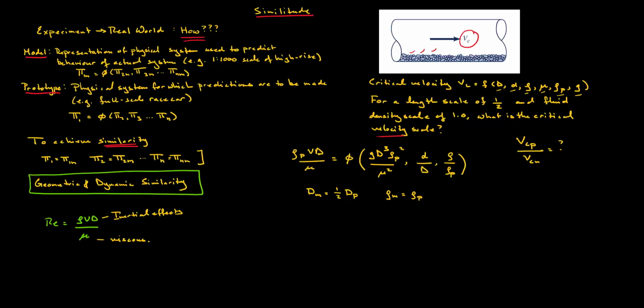And again, this is a bit confusing because we have the density here of the particle and the density of the prototype, both of which have subscripts p. So what we're going to do here is I'm going to add this subscript here. So that's rho particle to differentiate it from rho p, which is just the density of the prototype. So up here, also I'm going to change it to rho particle.